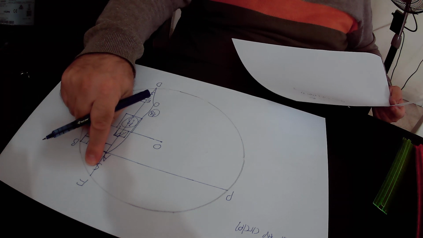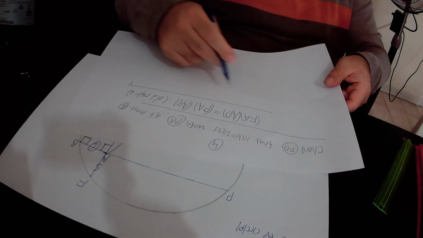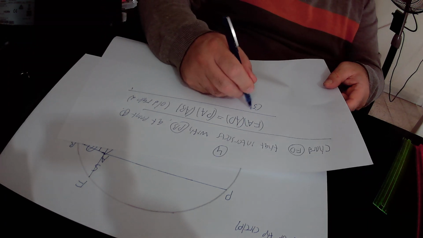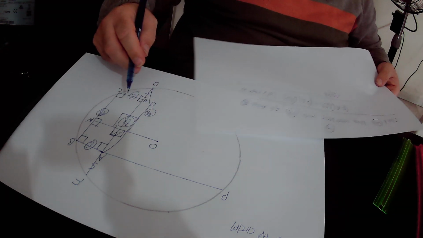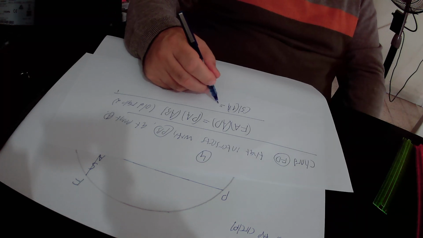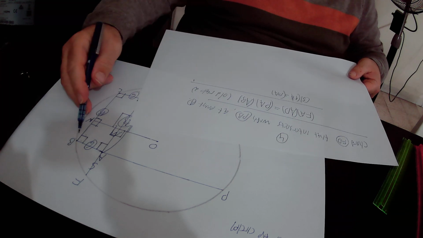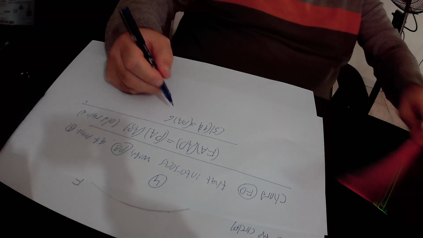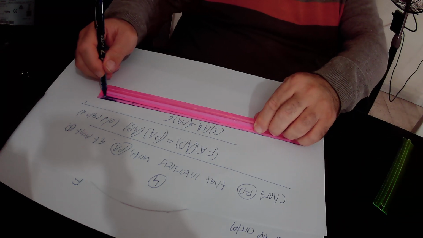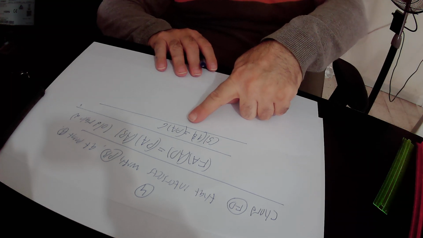FA equals 5 units, AD equals 18 units. PA is the missing line segment, so we will leave it as it is. And finally, AB equals 6 units, so we substitute AB by 6. So 5 times 18 equals PA times 6.